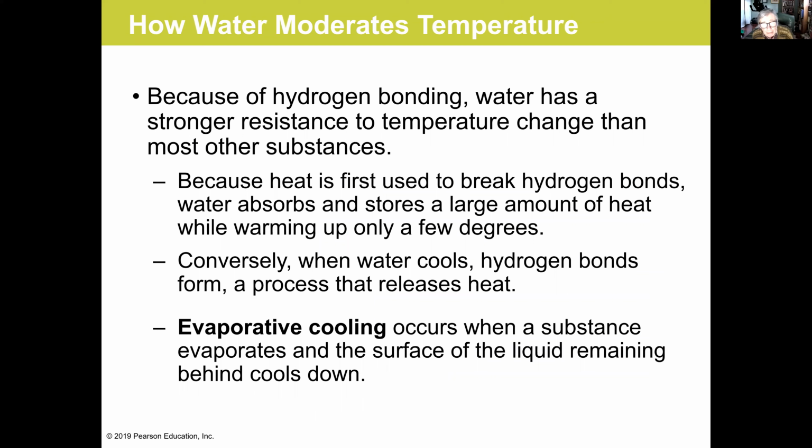Stronger resistance to temperature change. Heat is first used to break hydrogen bonds. Water absorption stores a large amount of heat while warming up only a few degrees. Water can hold on to heat. And this is one thing that is incredibly important to life on Earth, because during the day, the sun heats up the oceans and all large bodies of water, and that heat is stored.